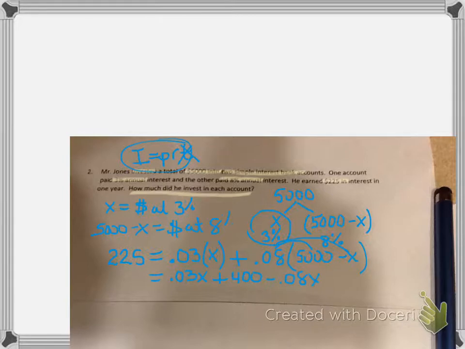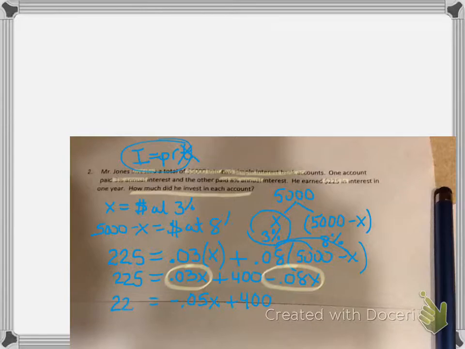And that's going to be set equal to 225. And now I can see that I have like terms on the same side of the equation, so I'm going to combine those. So 0.03 minus 0.08 is negative 0.05x.